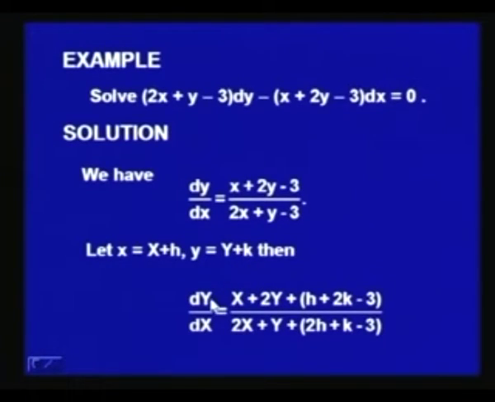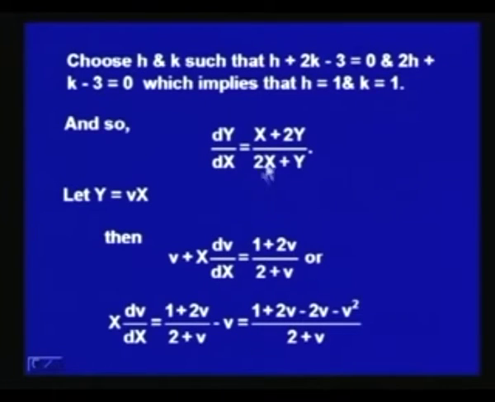These substitutions will give us dY by dX equal to X plus 2Y plus h plus 2k minus 3 divided by 2X plus Y plus 2h plus k minus 3. Now, we will have to find h and k in such a way that h plus 2k minus 3 is equal to 0 and 2h plus k minus 3 equal to 0.